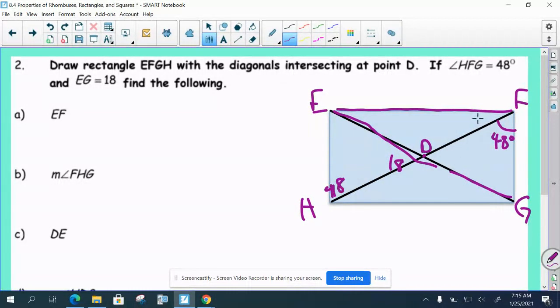And the whole right angle would be 90, so this would be 42, and this is also going to be 42. Let's consider the fact that if this whole thing is 18, then this is 9.